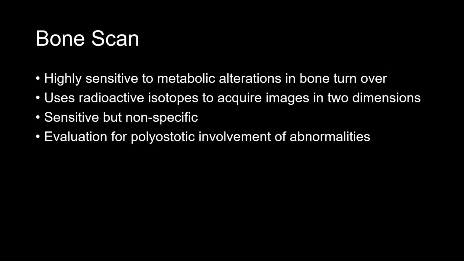Bone scan uses a radiotracer, they call it, or a radiopharmaceutical. They inject it, and then it'll move through the bloodstream and release gamma rays. And there's a special gamma ray detector that can localize where those gamma rays are coming from to give you essentially a two-dimensional mapping of where those radioactive particles go.